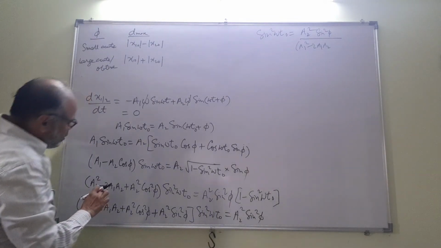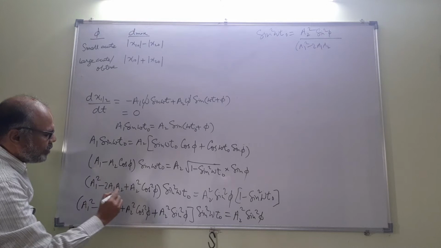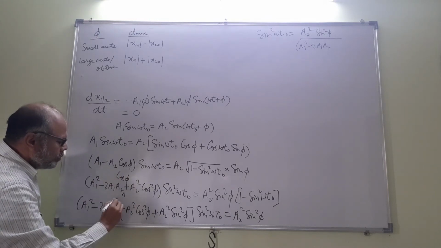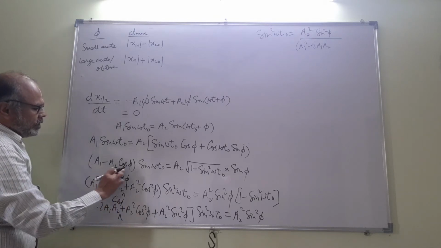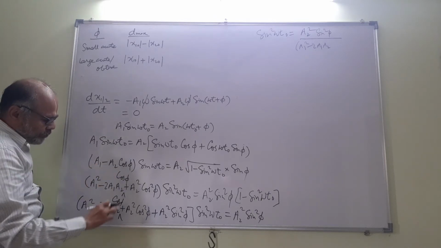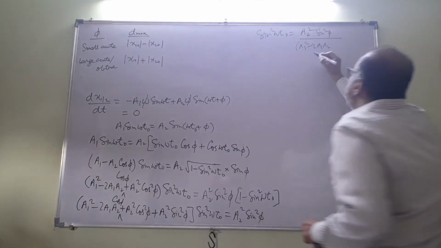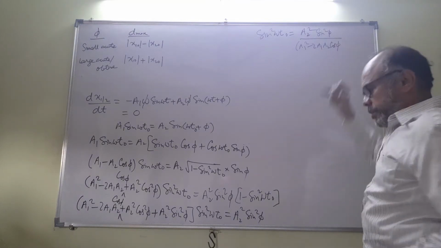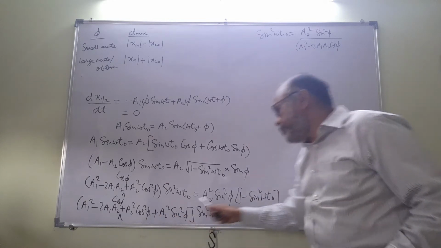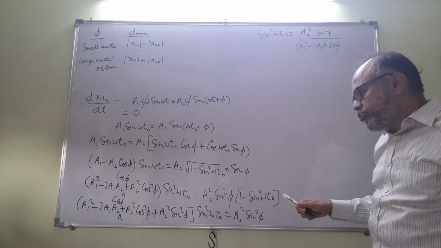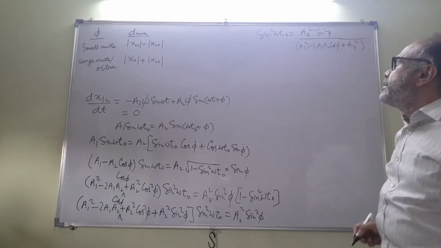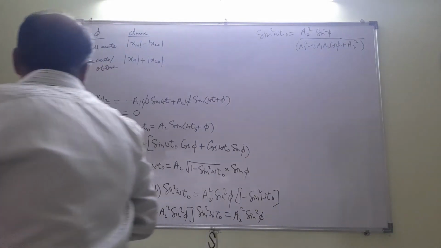When you square this, the 2ab term would be 2 a1 into a2 cos phi. So 2 a1 a2 cos phi, and a2 squared is common here. Cos squared phi plus sin squared phi is 1. So you will have plus a2 squared. That is sin squared omega t naught.